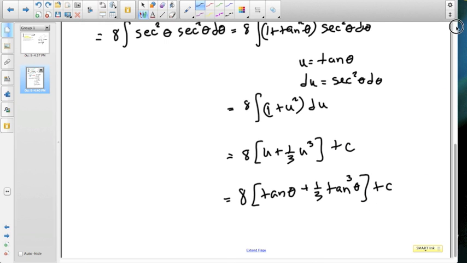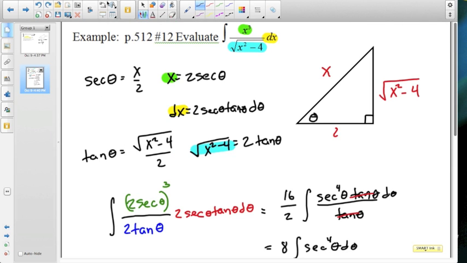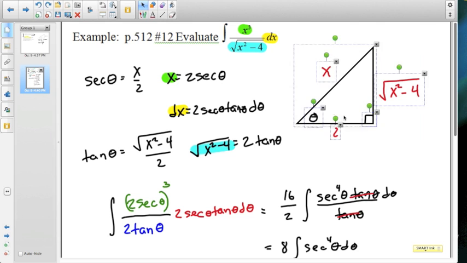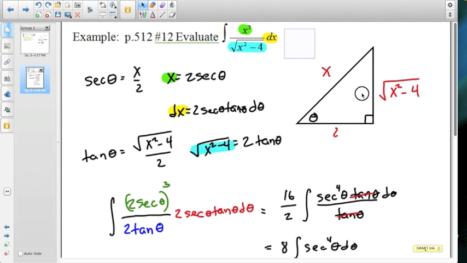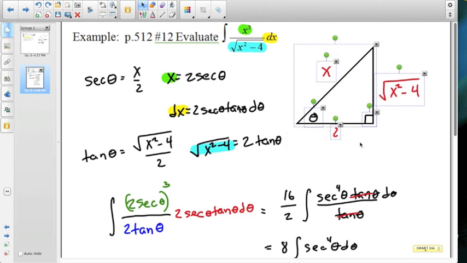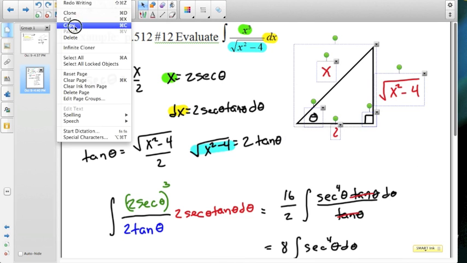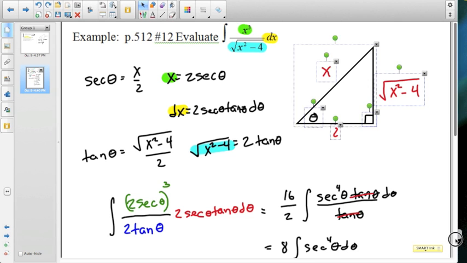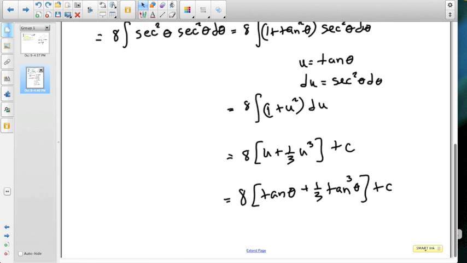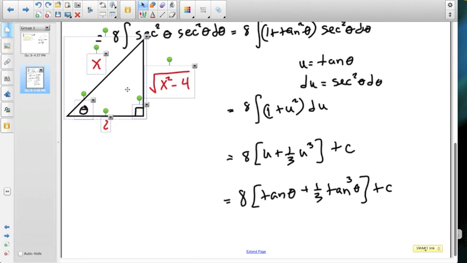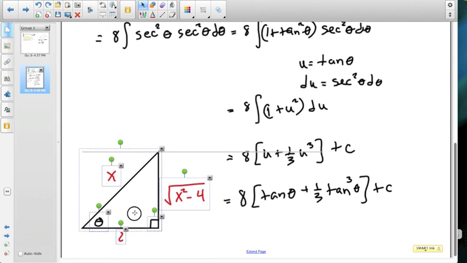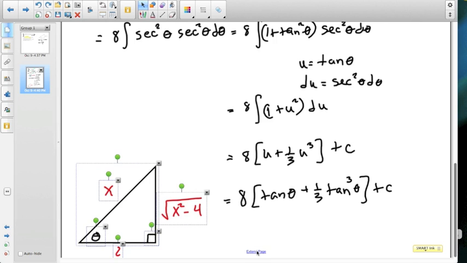Now if we come back up and get our diagram that we set up at the beginning of the problem, there we go.